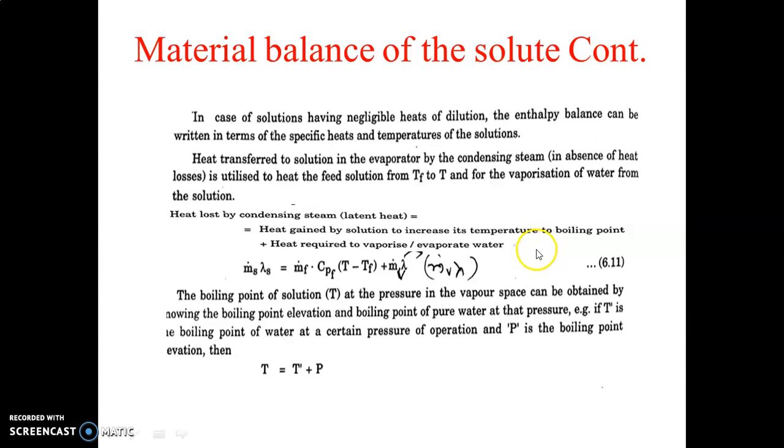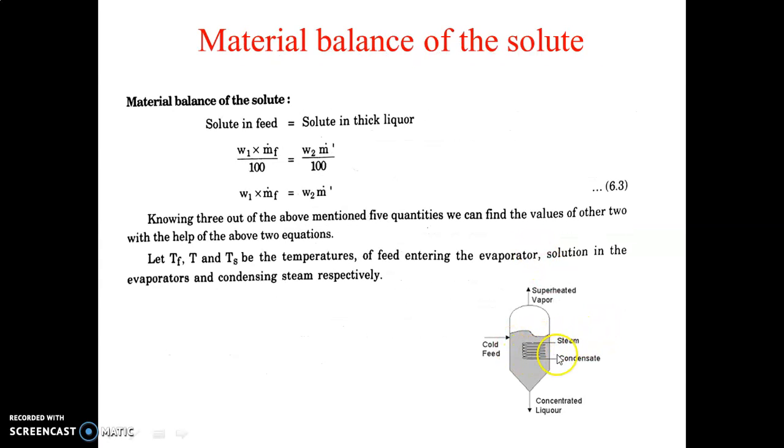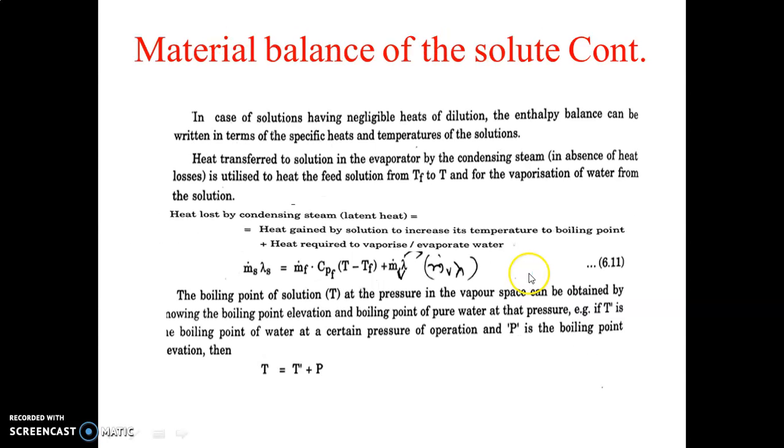Suppose we feed the steam here, then first the heat is used to increase the temperature of this solution up to T, and then the remaining heat is used to evaporate the water from the vapor outlet. So this is input heat, this is output heat. At steady state both are equal, input is equal to output.